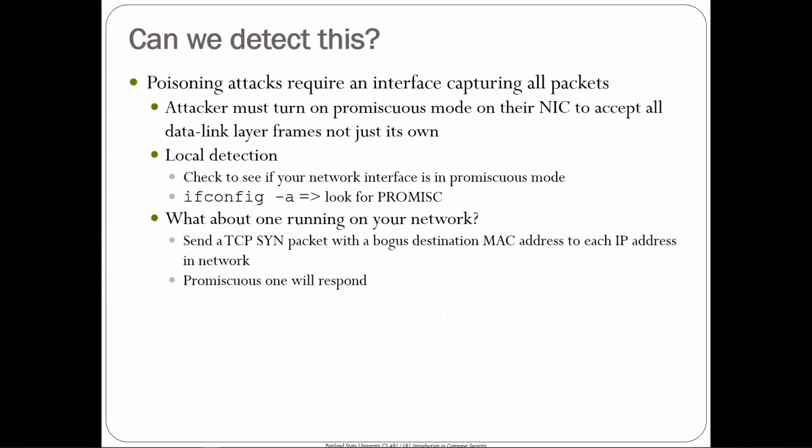Because the promiscuous mode will take that data link layer frame, slurp it up, pull out the packet, and then send it into the operating system. And it's only that machine that will respond with a TCP SYN packet, assuming that it has a server running, right? So that's why, if you're an adversary on a network, you want to be stealthy.